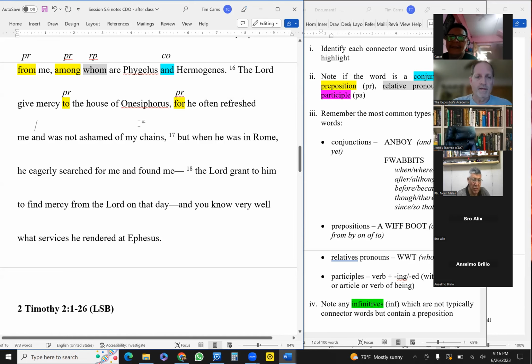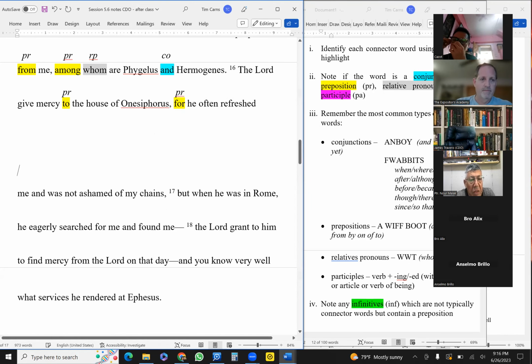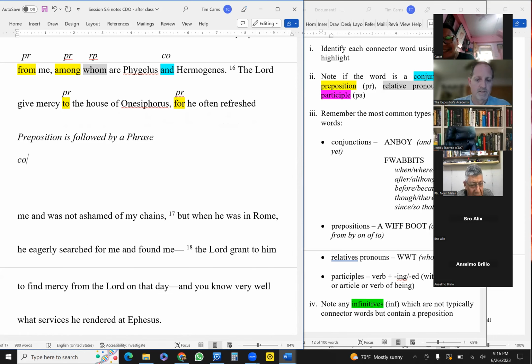Hey, a good way to remember that, guys, is this. A preposition is followed by a phrase. Now, what letter begins the word preposition? What's the first letter of preposition? P. P is for preposition, and notice the first letter of phrase, P. Subordinating conjunction is followed by a clause.